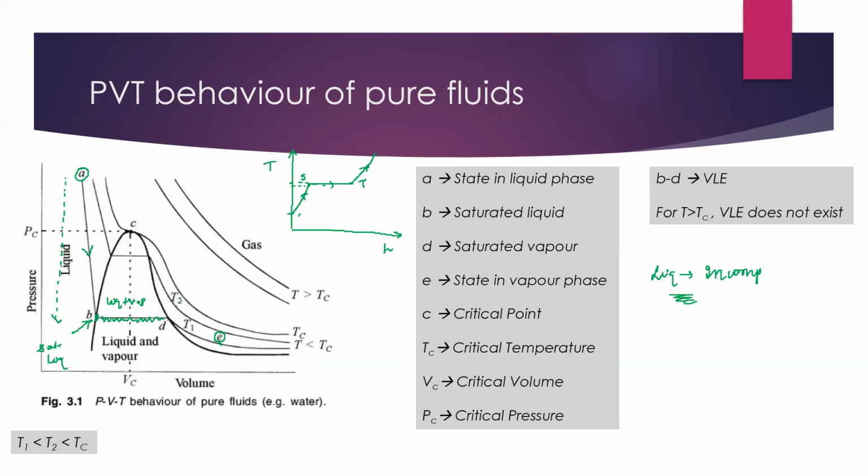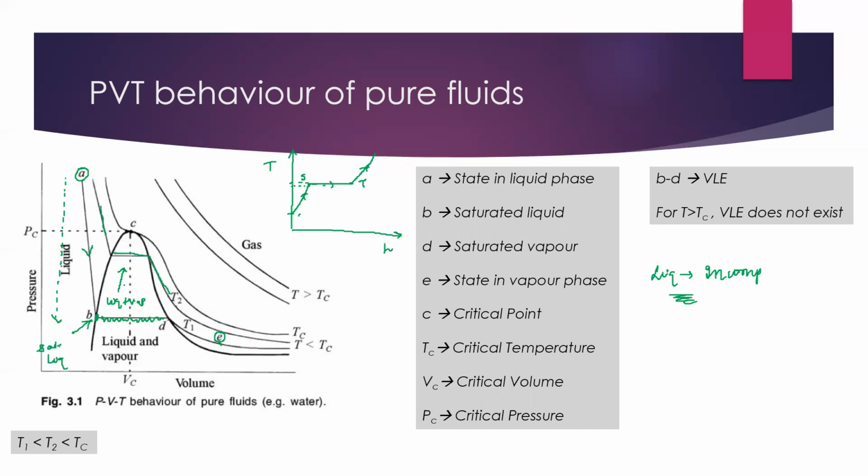Now what we are doing is, suppose we increase the temperature, then this curve would shift towards the top, slightly shift up. So this is another curve that has been drawn at a higher temperature, and so on.